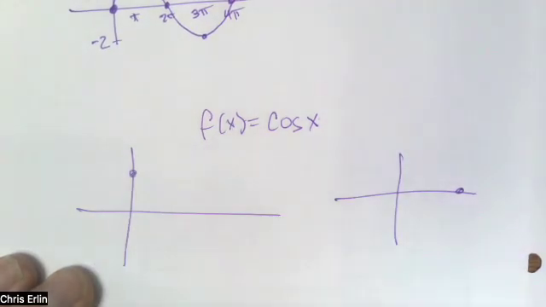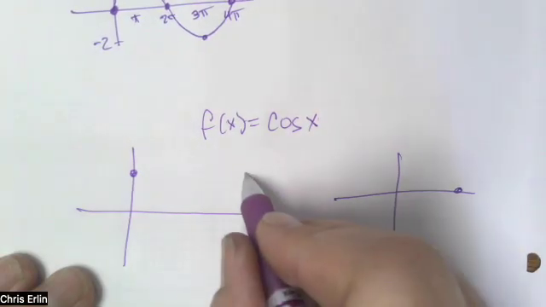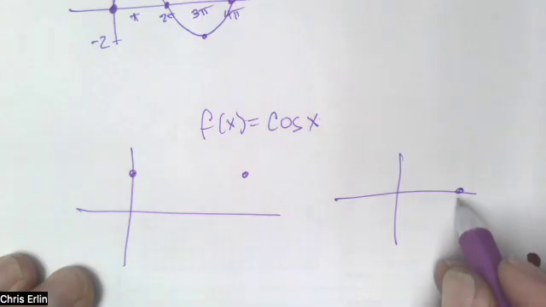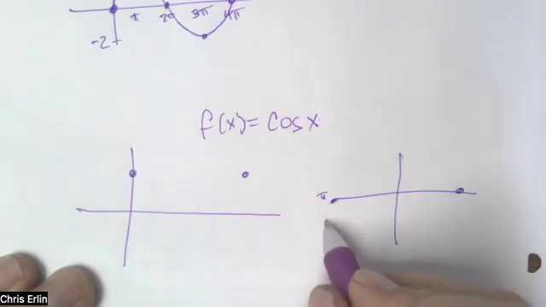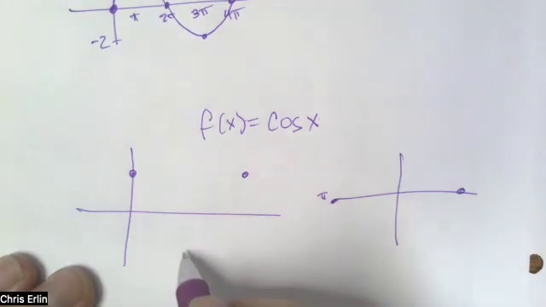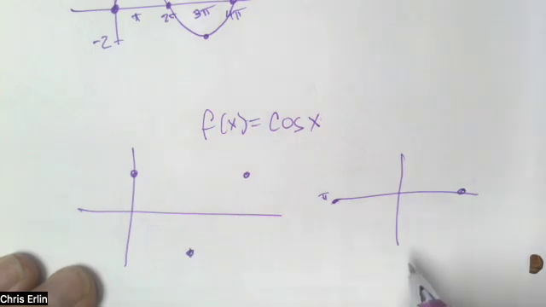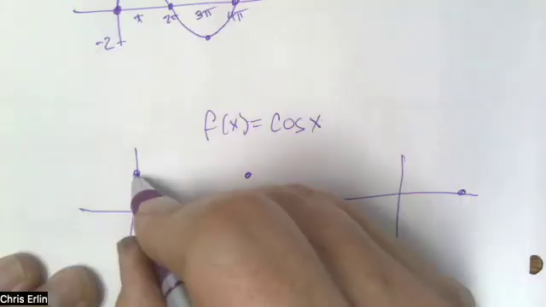So I start up here at a max. And then when I go all the way around to a cycle, I finish also at 1. When I go halfway around a pi, what's my new value? -1. So in other words, halfway here, I'm going to be at a negative. And then at points in between, I get my zeros.